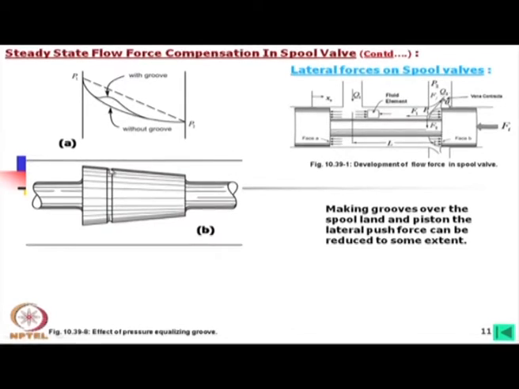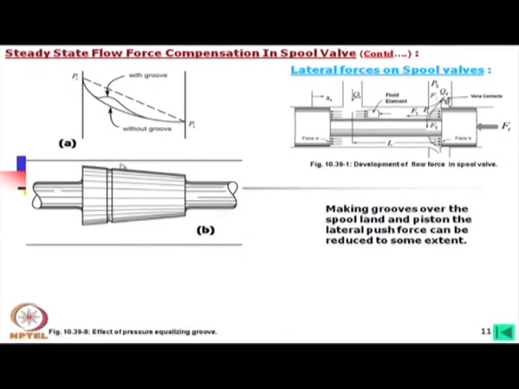Say if there is no such groove, but keep in mind this passage is much smaller. In real sense, that will be a capillary passage, because the sleeve and the spool are very close fit, and the difference in diameter may be only 20-25 microns.